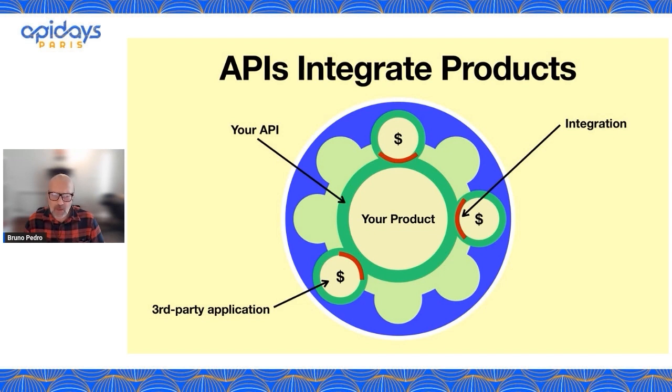In fact, this notion of a product that has its own internal features and then other features that are external or remote is what I like to call the integrated product. The integrated product becomes something that has much higher value than just the internal or the original product, because it uses features that come from other different products as well.